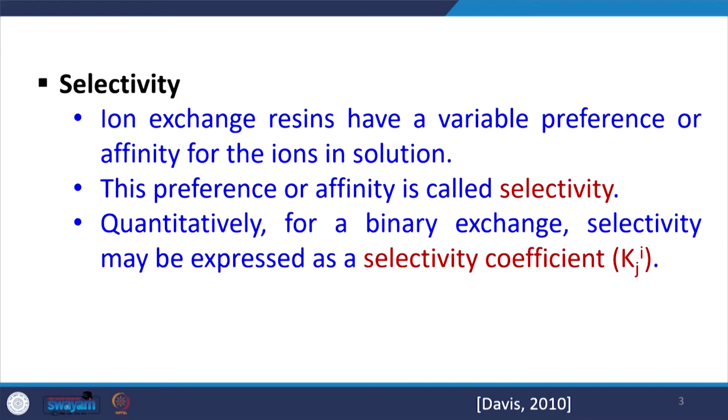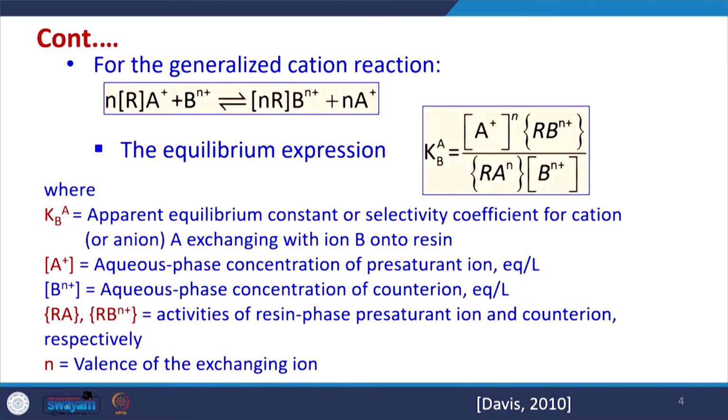Ion exchange resins may have variable preferences, or we may call it affinity, for different ions which are present in a solution. This preference or affinity is called selectivity, and quantitatively, for a binary exchange, selectivity is expressed as Kji. We are going to understand these parameters a little bit more. So, for selectivity, suppose any generalized cation exchange reaction is given like this.